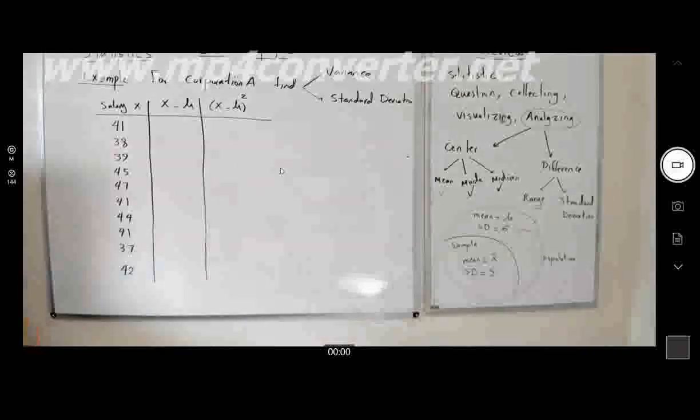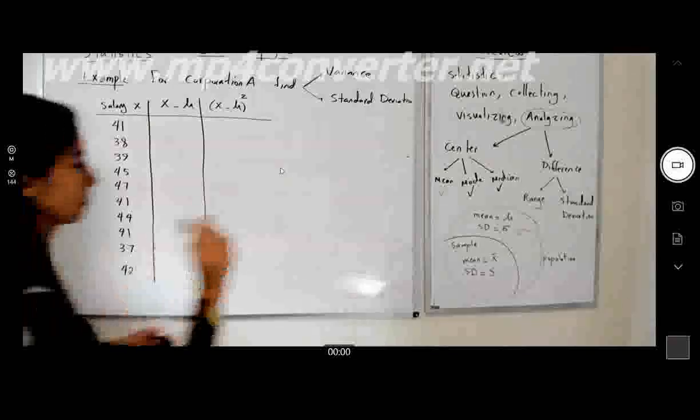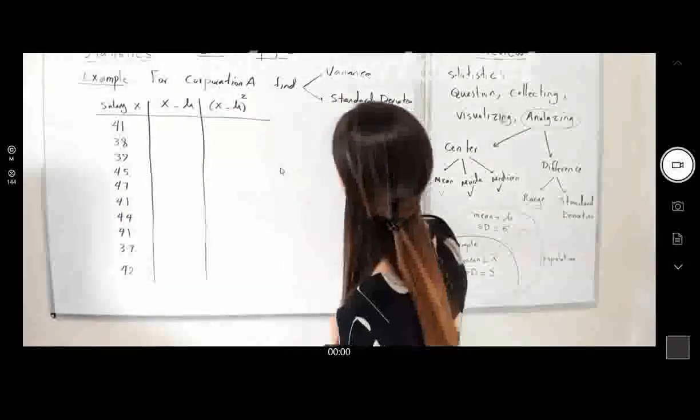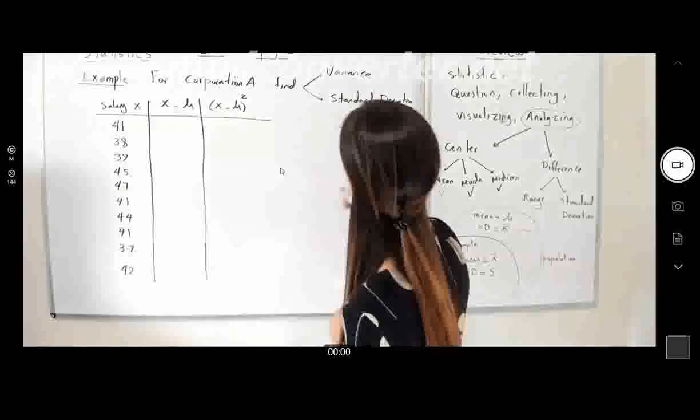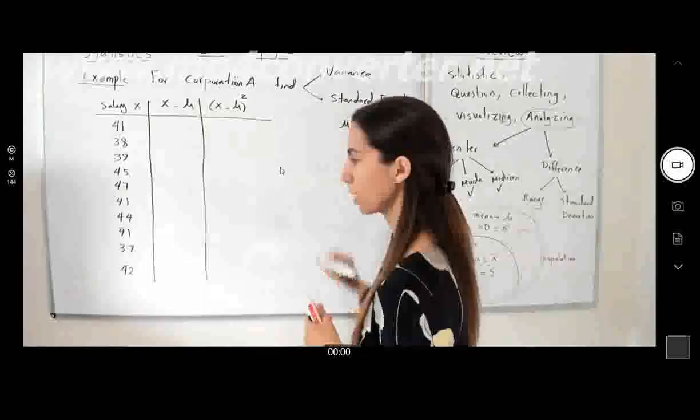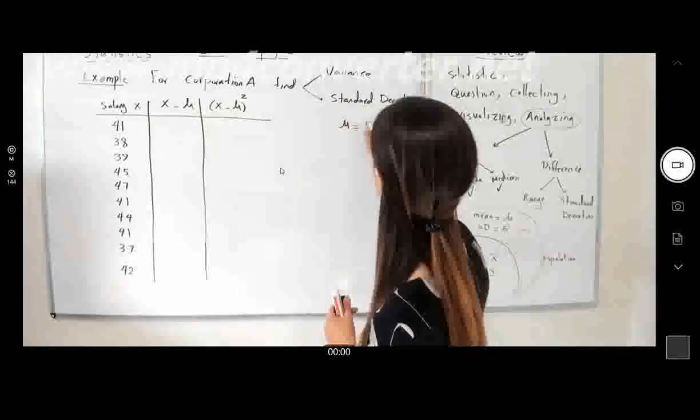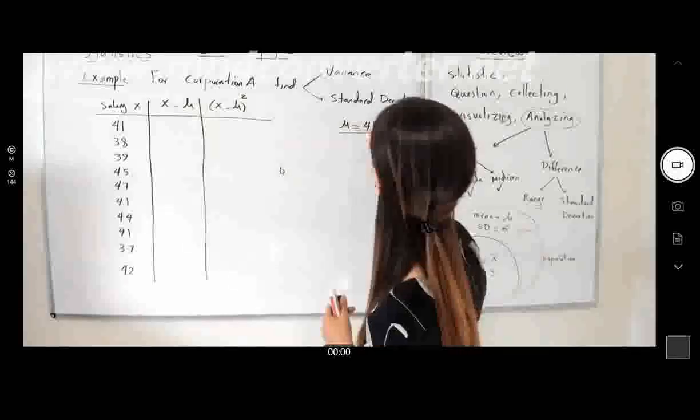Very well. So what's the mean of our collection? If you calculate the mean, mu is equal to 41.5.